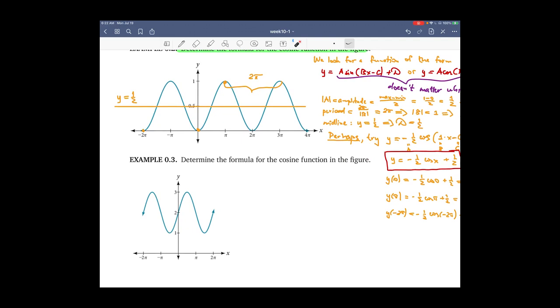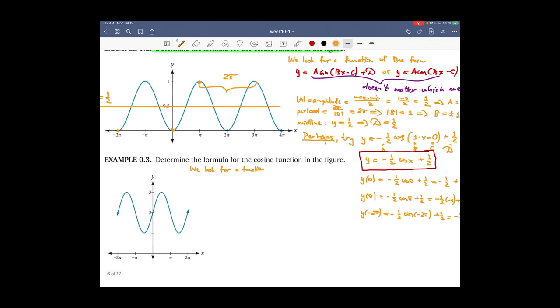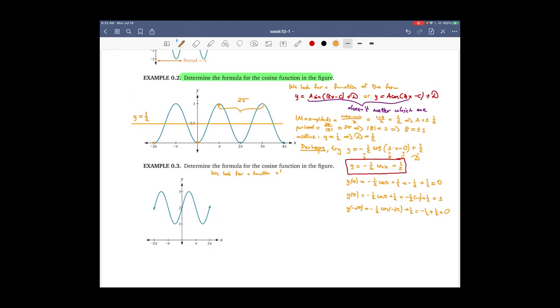So we again look for a function of the form a sine bx minus c plus d, or a cosine bx minus c plus d.